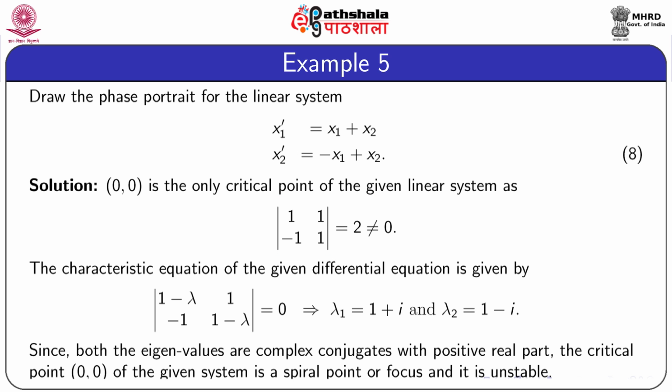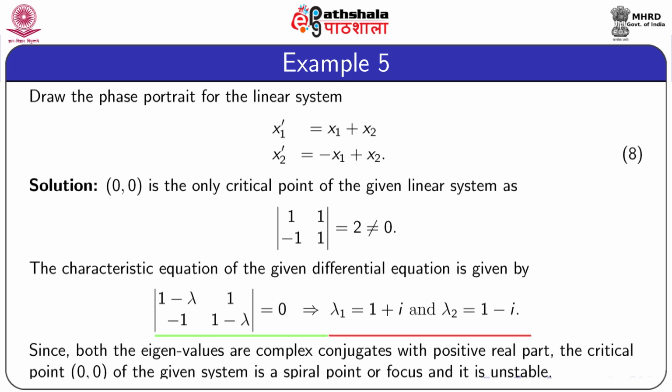The characteristic equation is defined as determinant of A minus lambda I equal to 0 and is given by |1 - lambda, 1; -1, 1 - lambda| = 0.